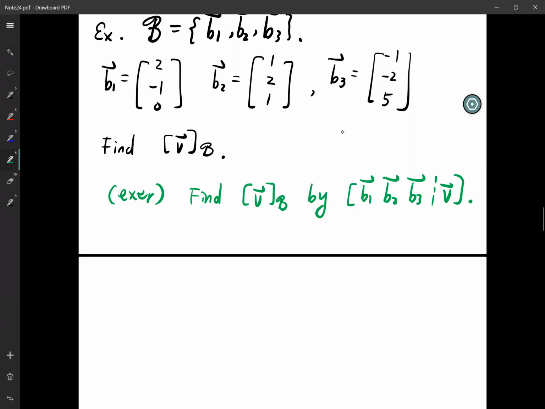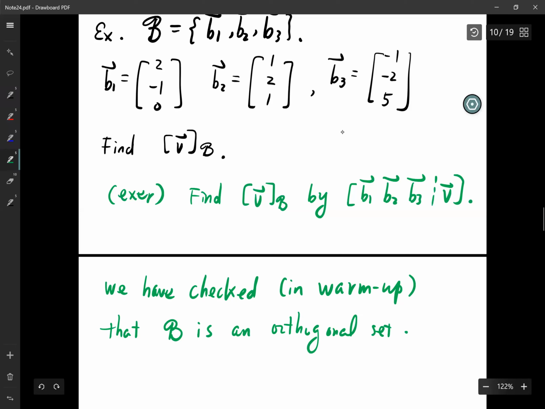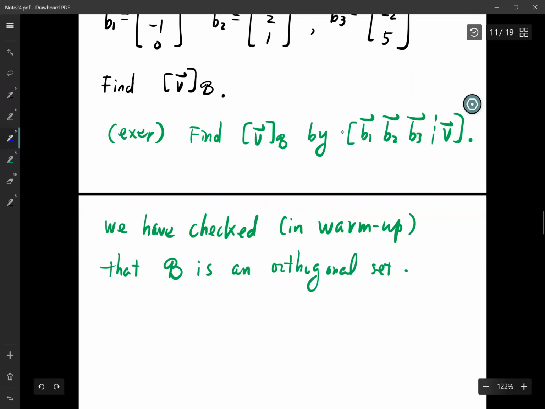Now we want to do it in the new way, which means that we have checked in the warm-up that B is an orthogonal set. And furthermore, B is an orthogonal basis of R3.